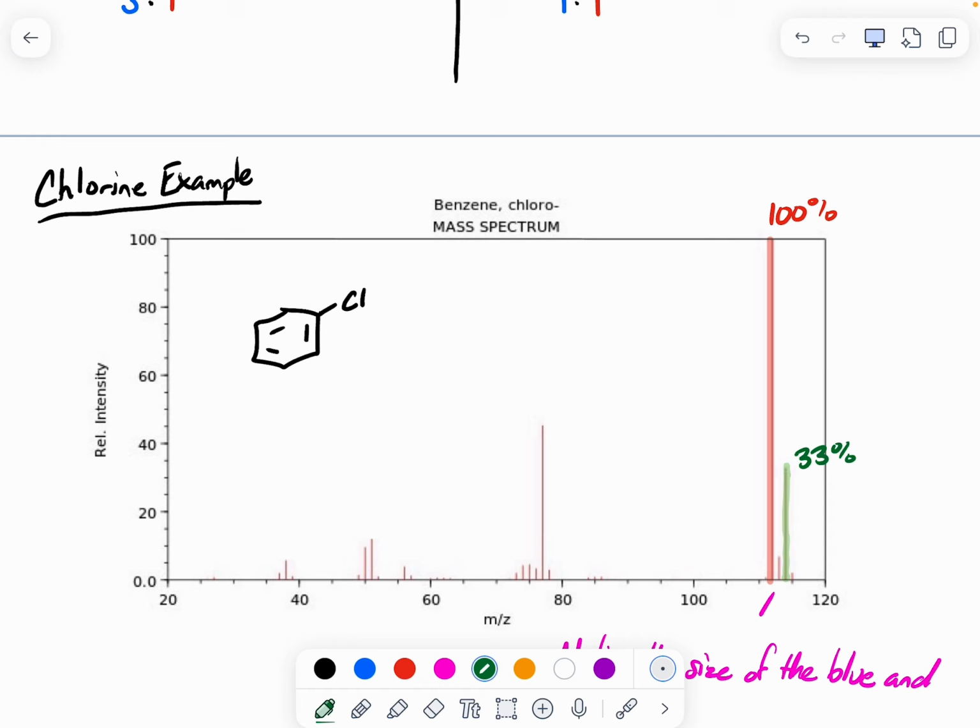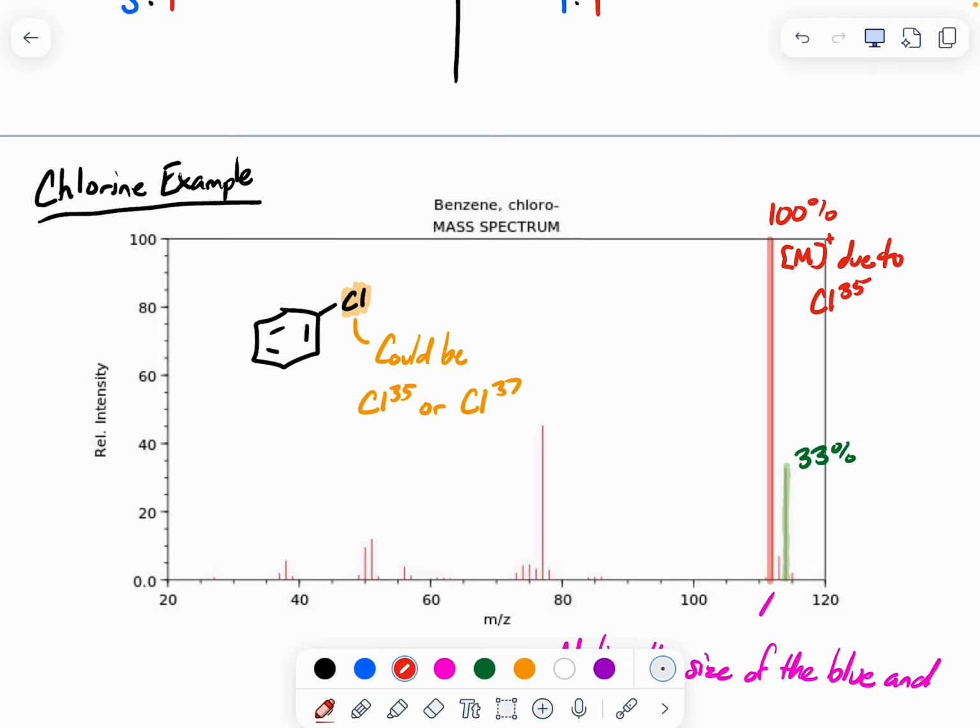And this arises simply because that chlorine atom itself could be chlorine 35 or chlorine 37. Depending on which one it is, that gives us that difference in our molecular ion peaks. The one sitting up there at 100% is our molecular ion peak due to chlorine 35 being the isotope present in that molecule.